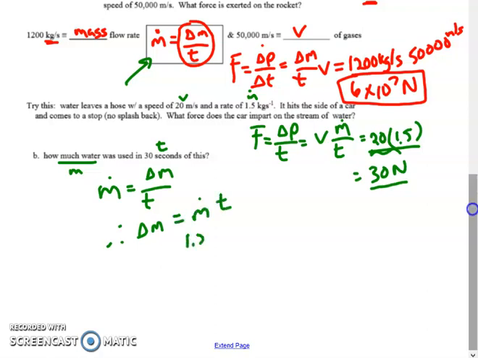So that was 1.5 kilograms per second times 30 seconds, and that tells us 45 kilograms of water was released by the hose in that time. And as it was striking the car, based on the rate of change of momentum of the water, it was feeling 30 newtons that entire time. Okay, so that concludes our introduction to momentum.